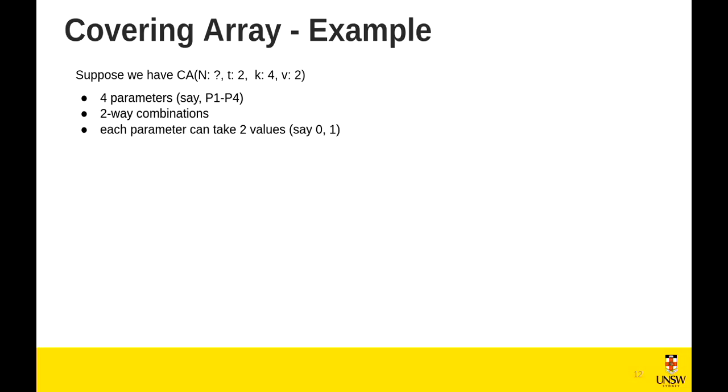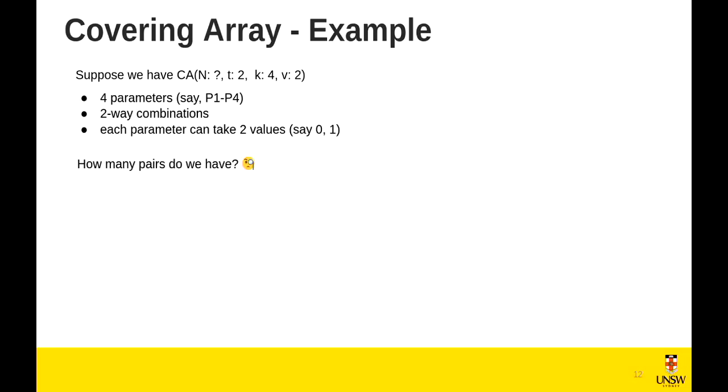And this is very common because many of the input parameters in real life are just like true or false, like different options. Let's try to determine the number n here, which means how many test cases we need to do pairwise combinatorial testing.